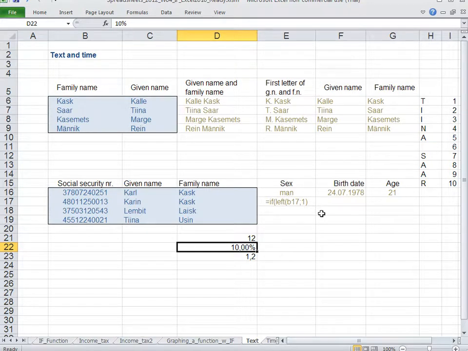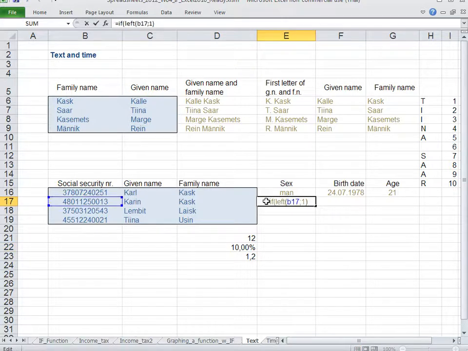But now comes a problem. If we're writing this formula left inside an if, Excel will not be able to automatically understand whether the first character of the social security number, 4 for example, is a text in quotation marks, or whether it's a number without quotation marks.